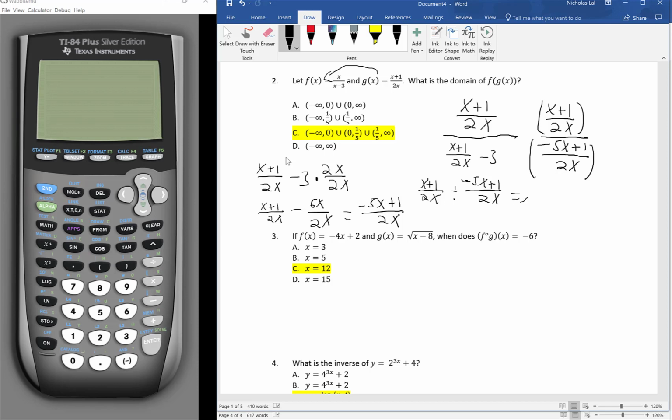So this will become x plus 1 over 2x times 2x over negative 5x plus 1, and the 2x's will cancel out. So you ultimately get x plus 1 over negative 5x plus 1.